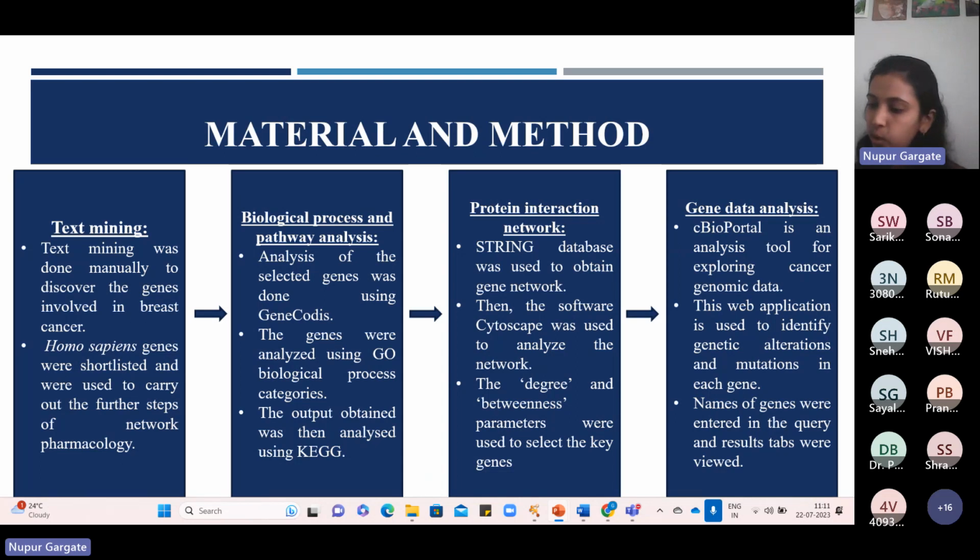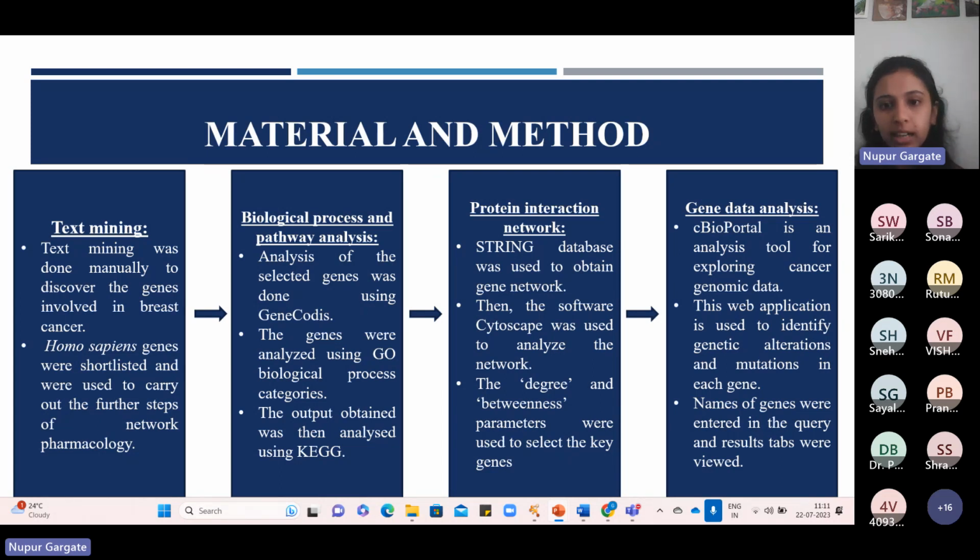GO stands for gene ontology, and this step gives us a link between a gene and the biological function which that gene performs, while KEGG stands for Kyoto Encyclopedia of Genes and Genomes, which is a database that groups the genes participating in the same biological process. That is the difference between these two, and both are used mainly for analyzing the genes.